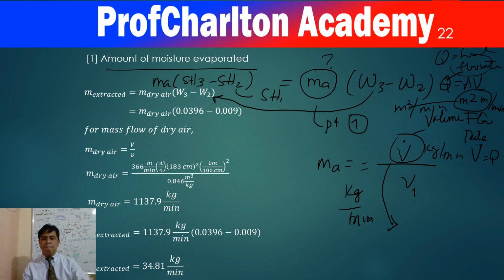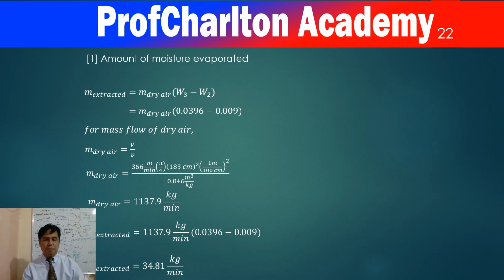So let me erase everything so that we can be more clear in this, right? So let us use this yellow now. So first we have to compute the flow rate, in this case, this one, right?